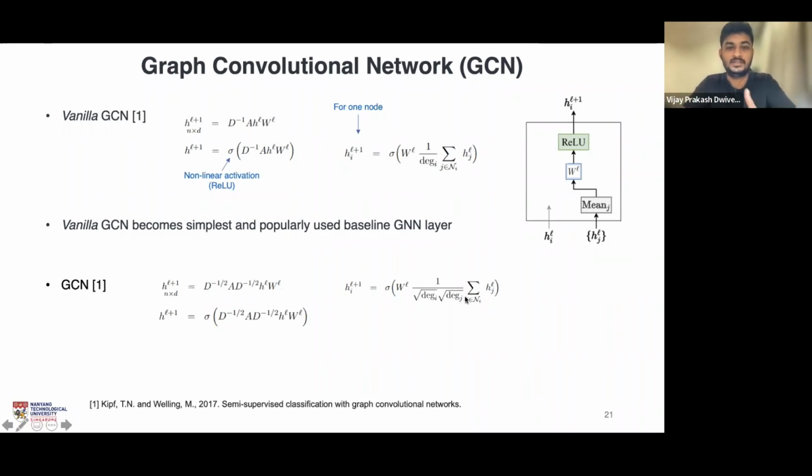So this becomes the GCN model, and it's used very popularly as one of the simplest baselines. We'll try to understand this also later, and in the next session, what are the theoretical implications of having this kind of layer.